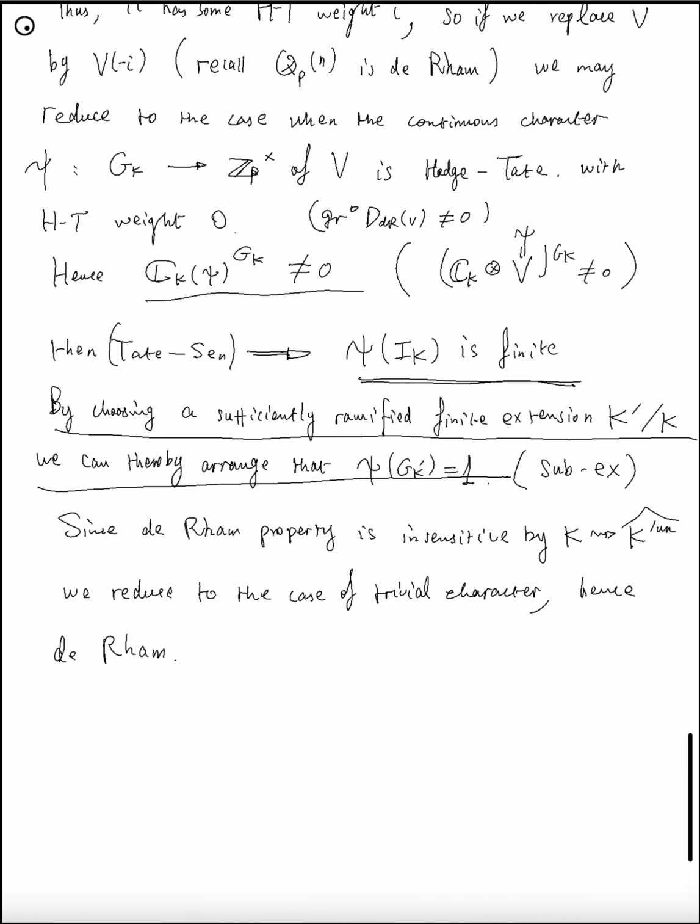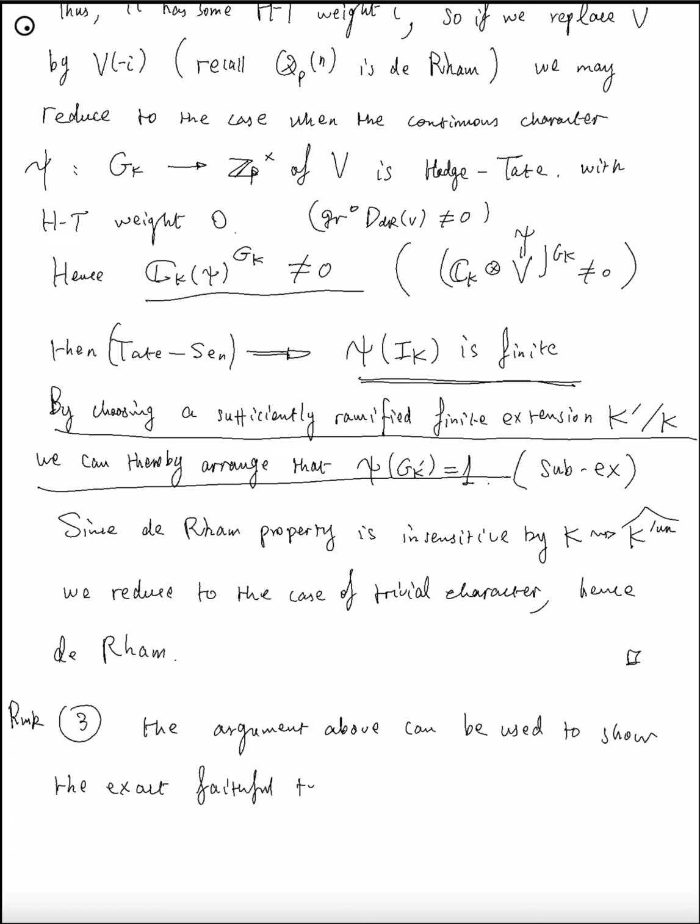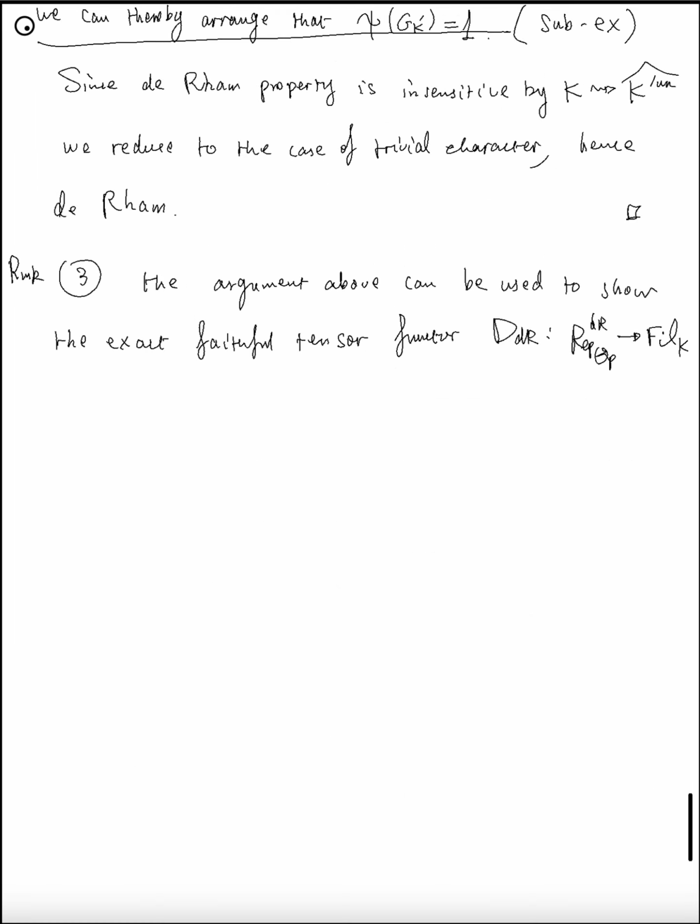Let me add one more remark. The argument above can be used to show that the exact faithful tensor functor D_dR from de Rham representations to filtered spaces is not fully faithful.